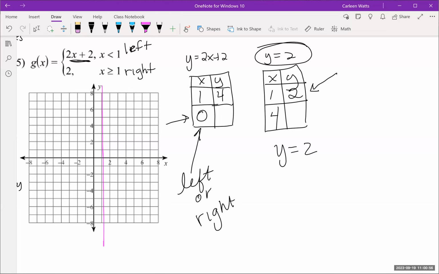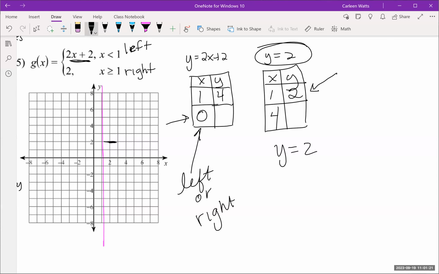Okay, is everyone okay with what I just did? I picked my boundary X and the top equation, I needed an X to the left. My bottom equation, I needed an X to the right. Are we good? It could be 3. You know what? Okay, but look, if it's 3, it's just going to be like this itty bitty little line.